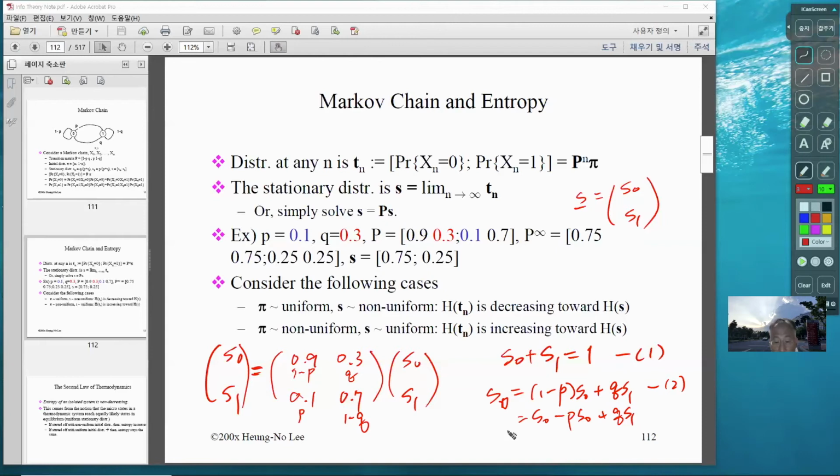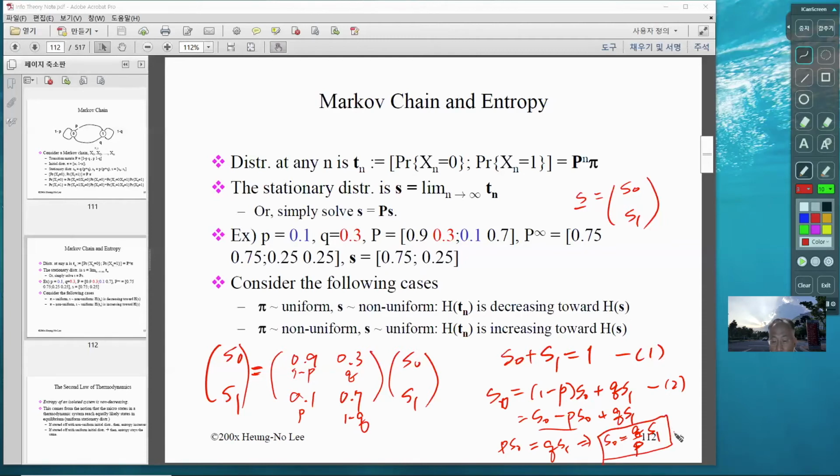Okay, then here we move S0 to the other side, and this to the other side, then it is P S0 equals Q S1, and then from here, S0 is Q over P S1. So we obtain this one.